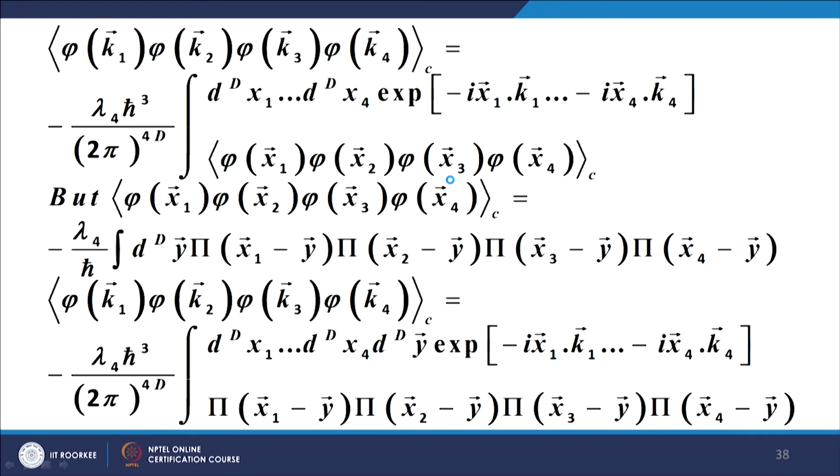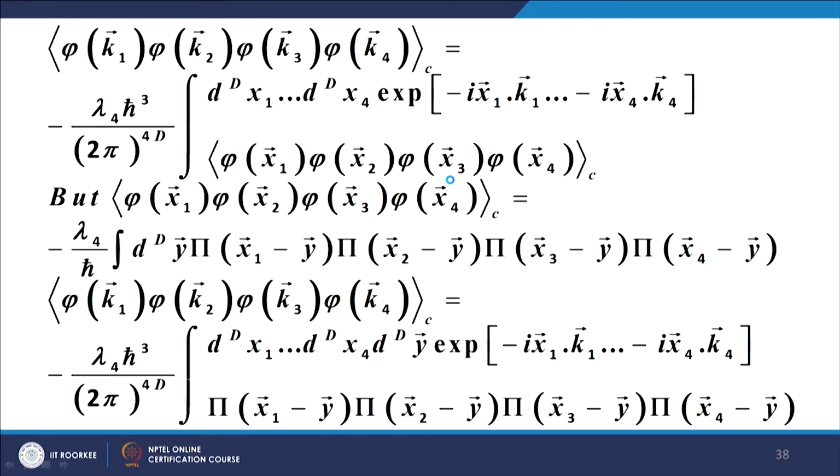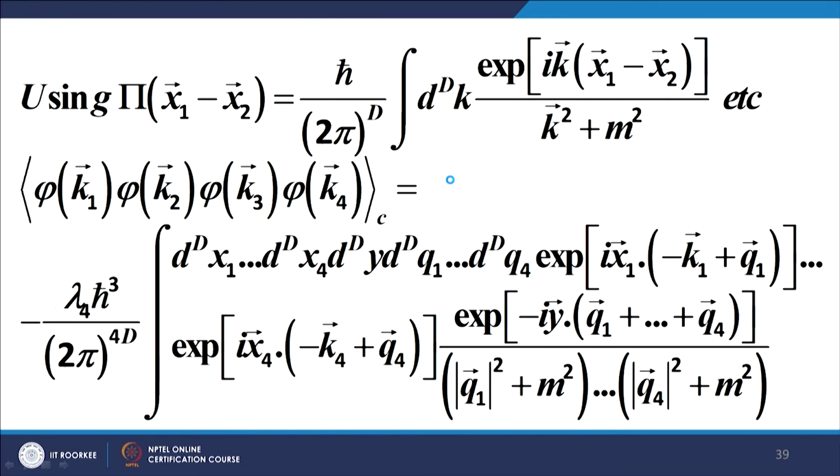We use this expression and we write the 4-point function in momentum space in terms of the propagators of position space. And thereafter, we use these explicit expressions for the propagators. We substitute each of these propagators with the explicit expressions given at the top of the topmost equation on the slide, and we get the expression in the second equation on the slide.